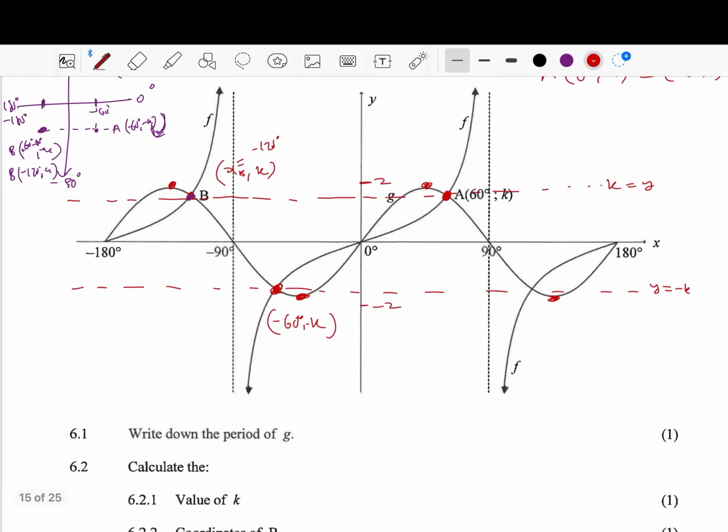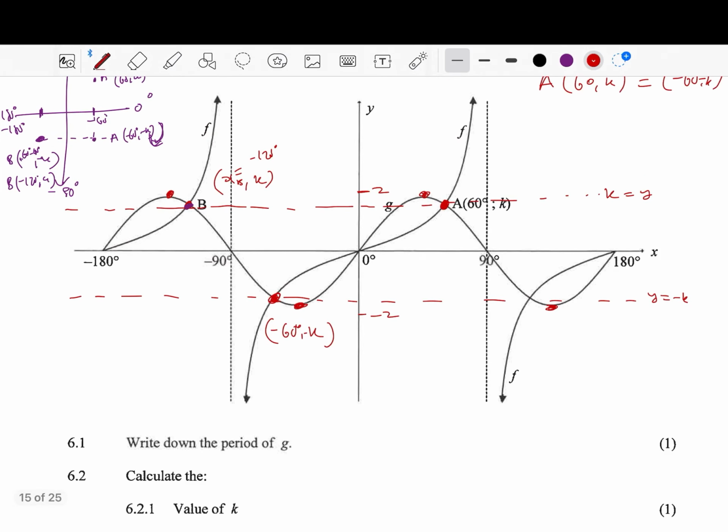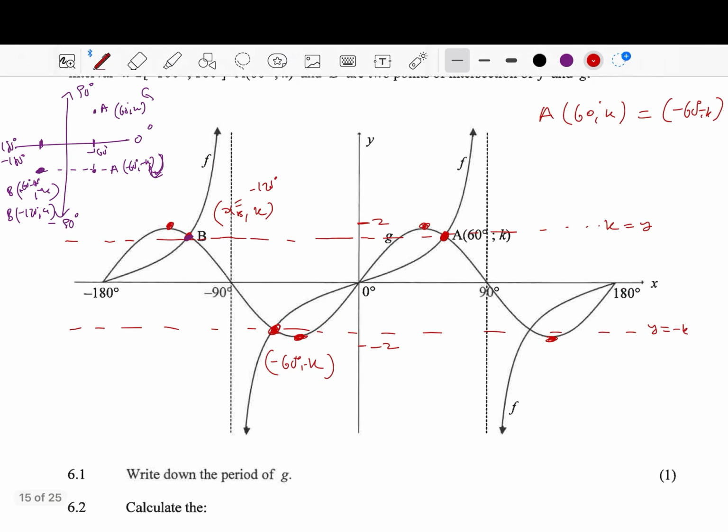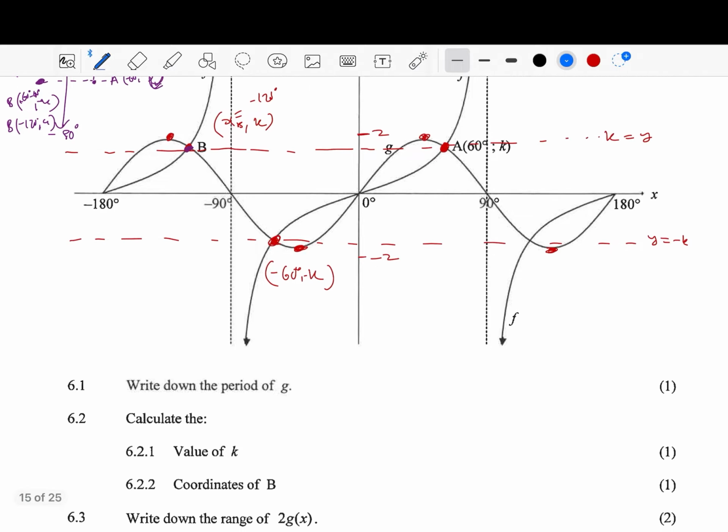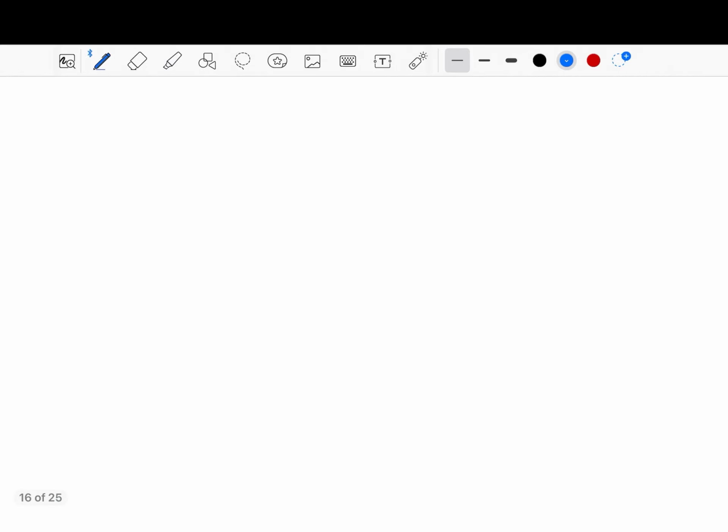Right, so first things first, write down the period of G. All right, so period of G, let me just bring a different color. With period, let me give a quick revision. If this is sine x, a period is the distance where this function would fully give your shape, right?